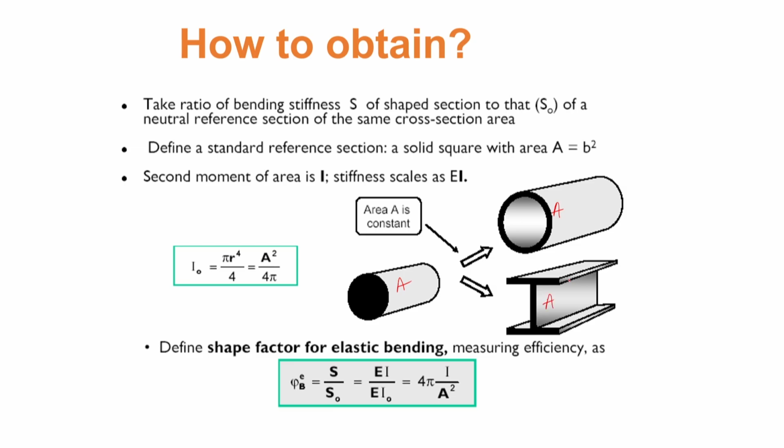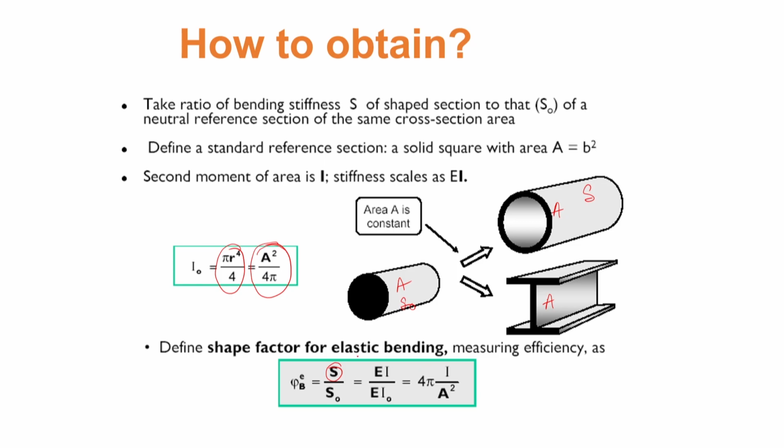Suppose you keep the area constant, then the shape factor is defined as the stiffness of this element over S0. So, this is like the stiffness of the reference element. This stiffness we know is proportional to EI. So, it is EI over EI0, and I0 is basically pi r to the power 4 by 4, which can be written as A squared by 4 pi.